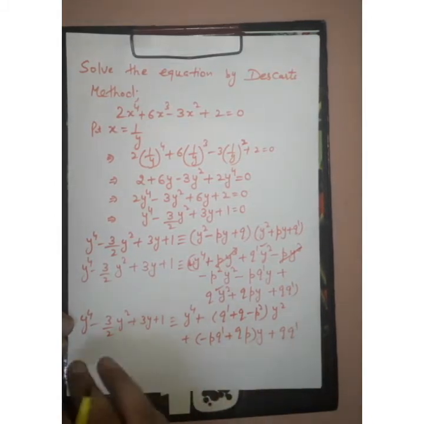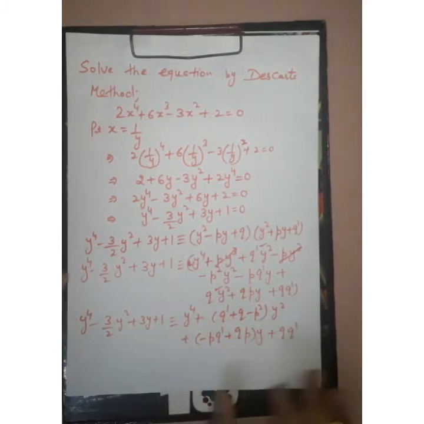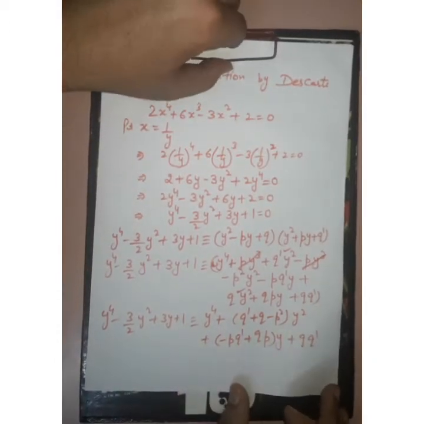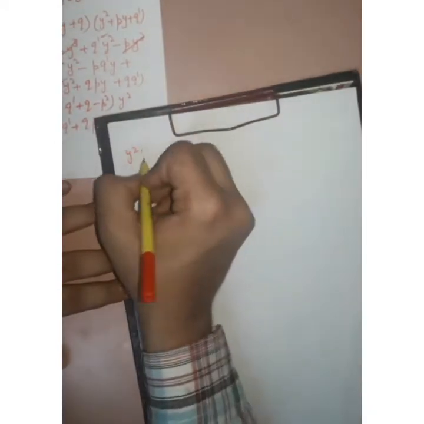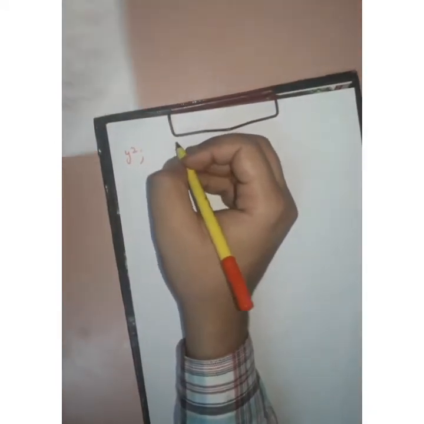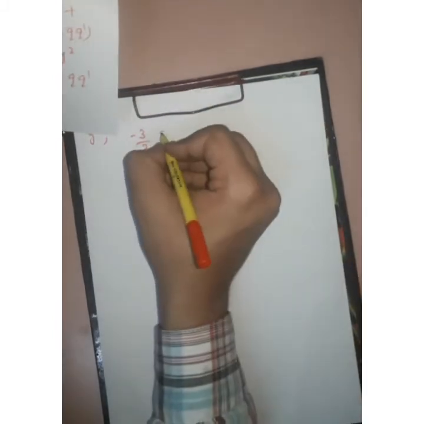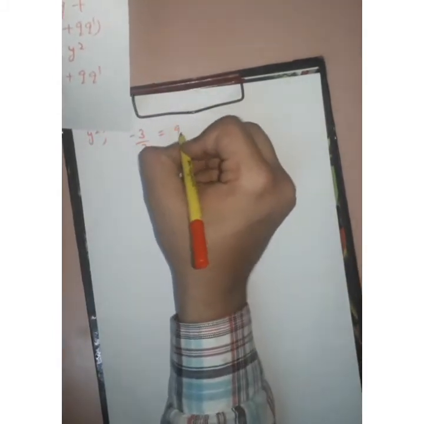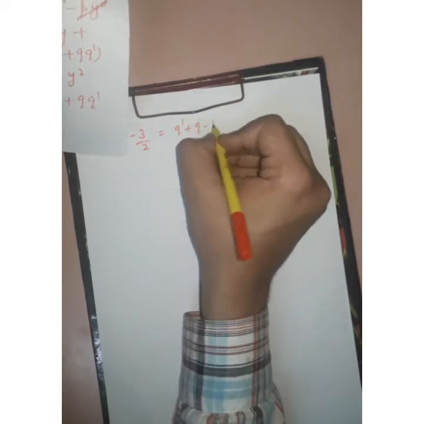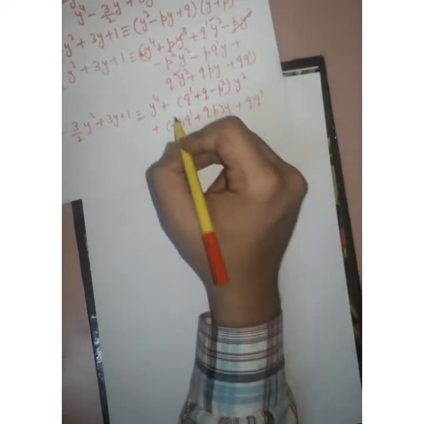After this we have to compare the coefficients of different powers of y. First of all, the coefficient of y square: here it is minus 3 by 2 and on the other side q dash plus q minus p square.